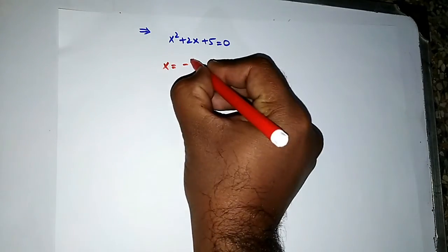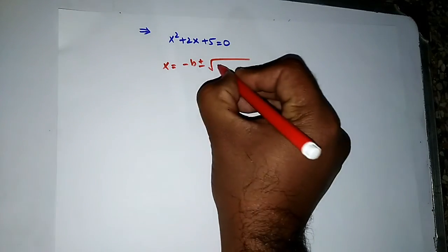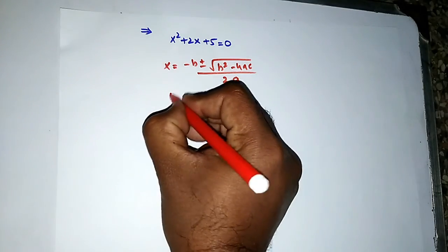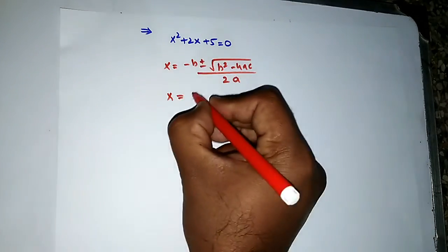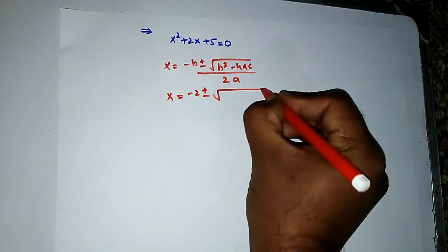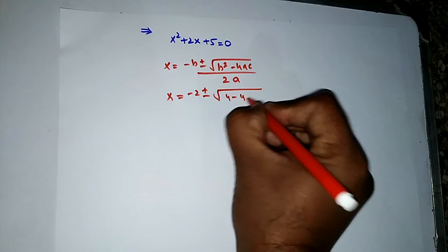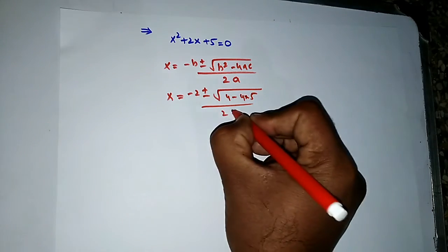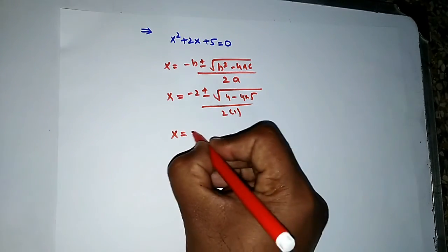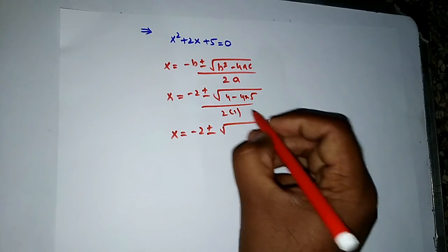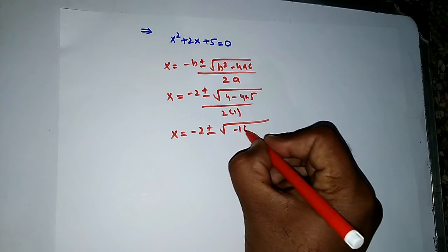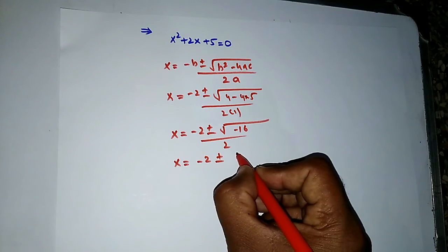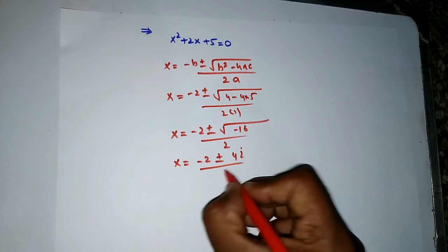So x is equal to minus b plus minus the square root of b square minus 4ac, divided by 2a. x is equal to minus b, which is minus 2, plus minus the square root of 2 square, 4, minus 4, a is 1 and c is 5, 4 multiplied by 5, divided by 2 and a is 1. x is equal to minus 2 plus minus the square root of 4 minus 20, which is minus 16, divided by 2. x is equal to minus 2 plus minus 4 iota, divided by 2.